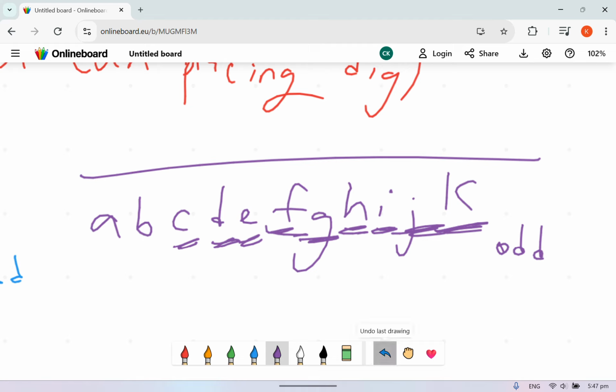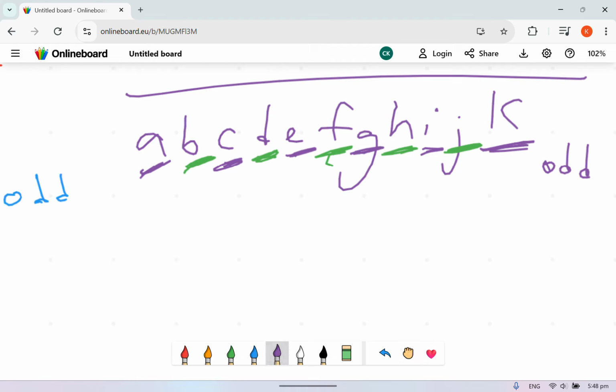So I'm going to do that with different colors. The even ones will be green. So these are all evens, and these are all odds. So you literally just extract out all the odds.